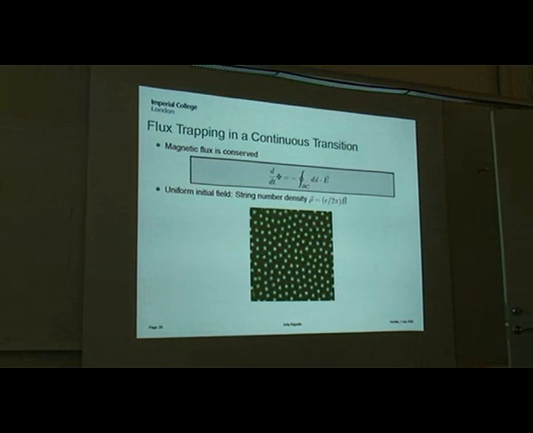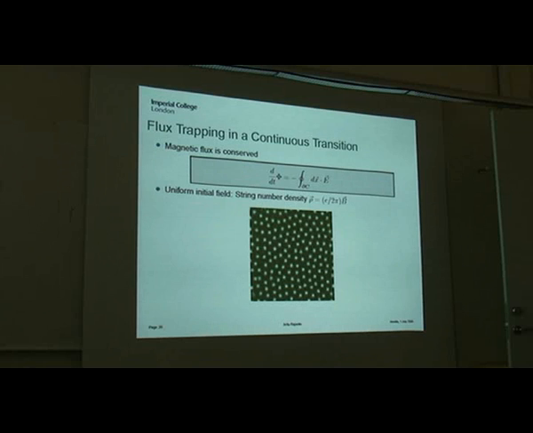Okay, a similar thing also happens if you have a continuous second order transition. Again, magnetic flux is conserved, and you can easily see how this is going to work if you think of having initially a uniform magnetic field. We gradually cool the system into the Higgs phase, the broken phase, and if you have a uniform field, because magnetic flux is conserved, it can't go anywhere, so it will still be there after the transition.